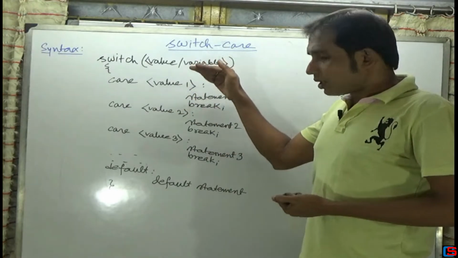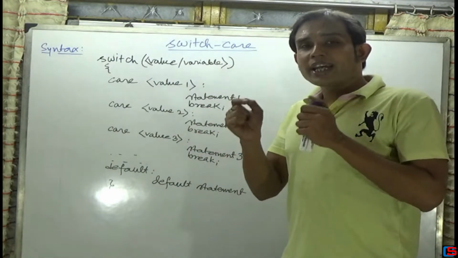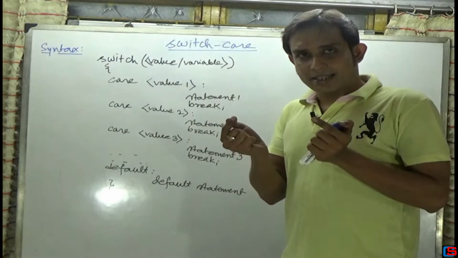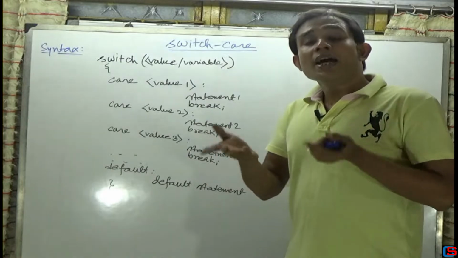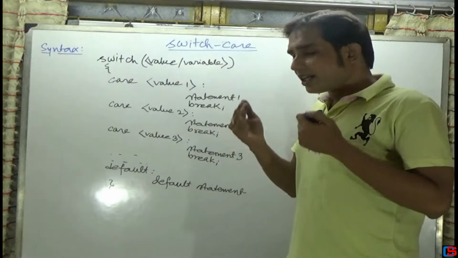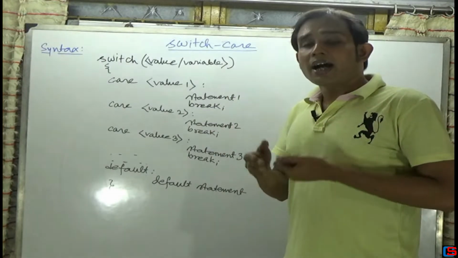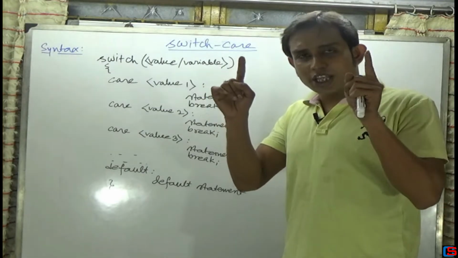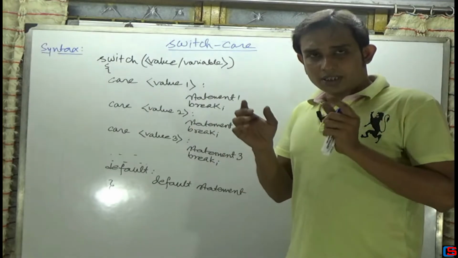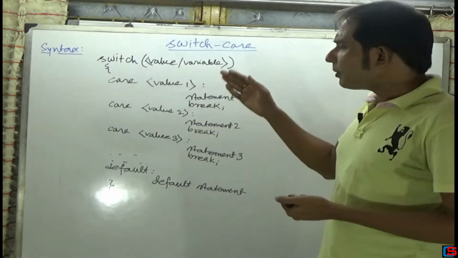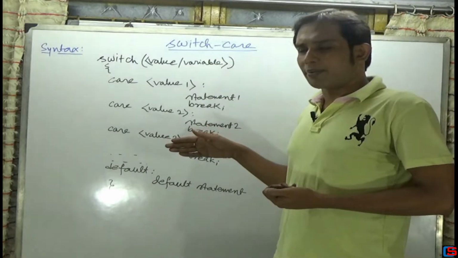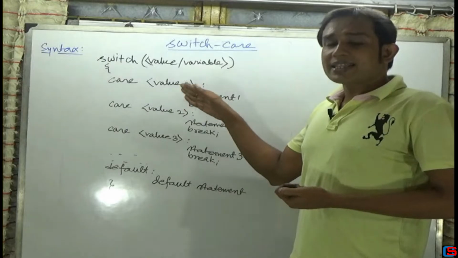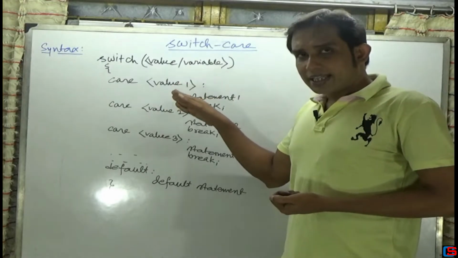So in the if statement we can write several types of conditions, maybe one condition, maybe two conditions, or maybe more than two conditions within the if condition portion. But in the switch case statement, we never mention any kind of condition here.